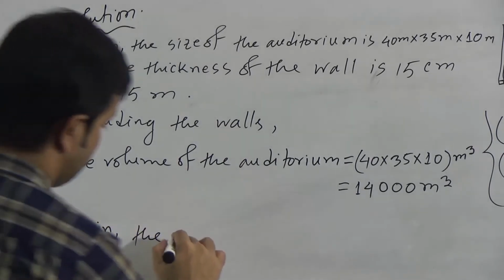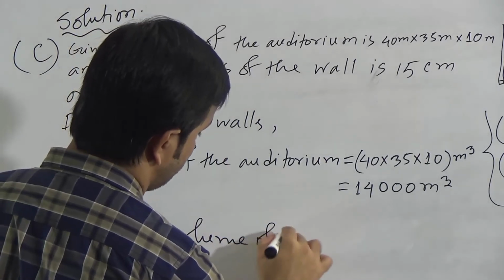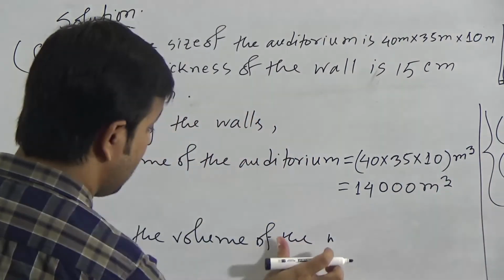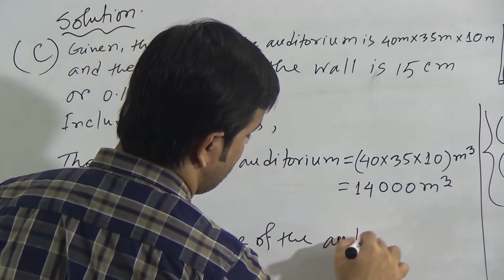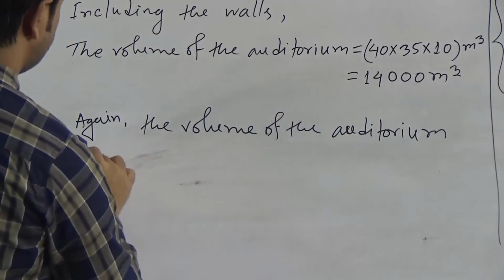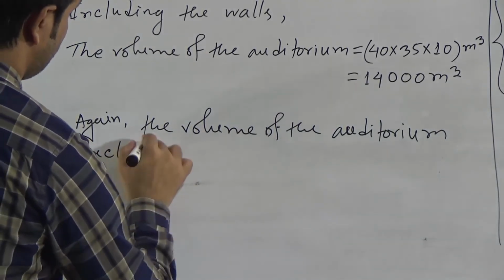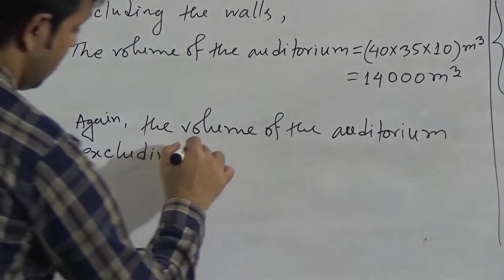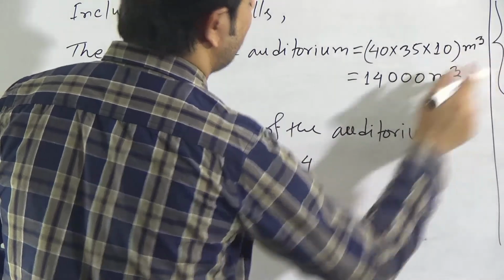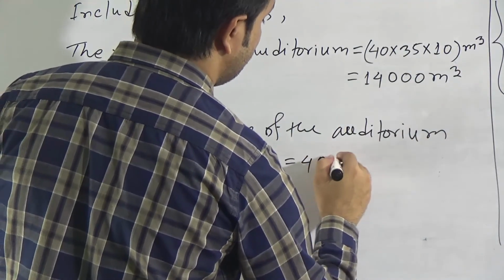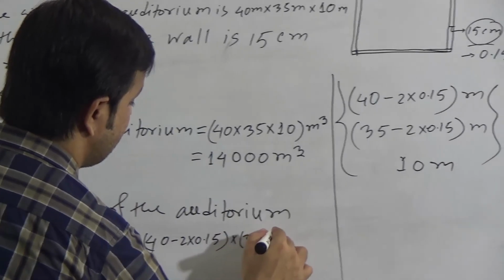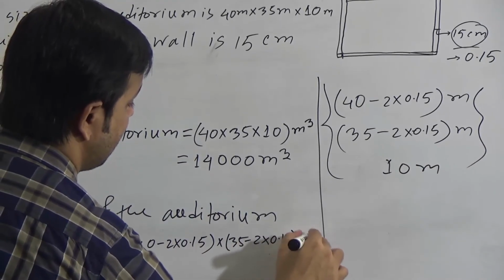Okay. Now we can write the volume of the wall. The volume of the auditorium, excluding the walls, is equal to, we have to multiply, this is the actual length excluding the walls, 40 minus 2 into 0.15, multiply by 35 minus 2 into 0.15 and then multiply by 10.